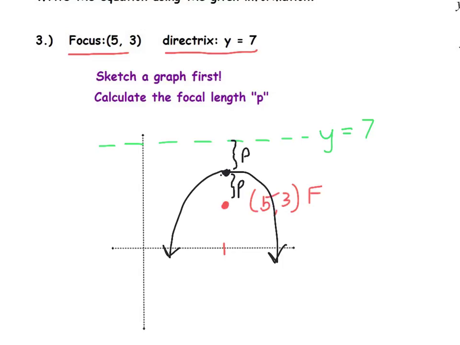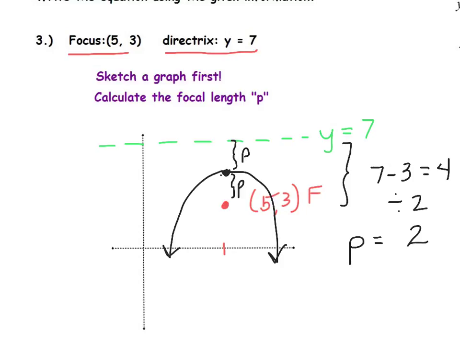Well, the easiest way to do that is get the total distance between these two and divide it by 2. So it's just half that distance. So we take 7 minus 3, which gives us 4. So that's a total of 4 units. Divide it by 2, and it means our p-value is equal to 2.